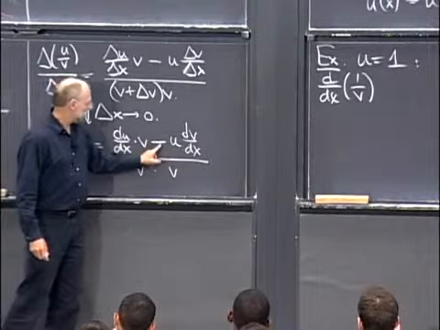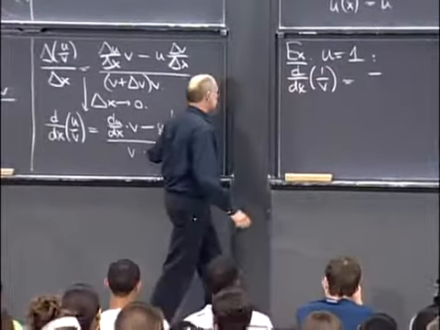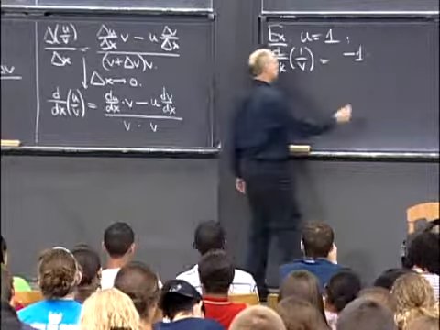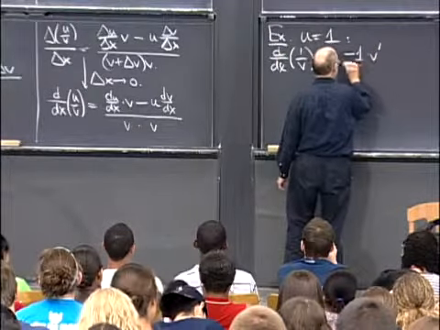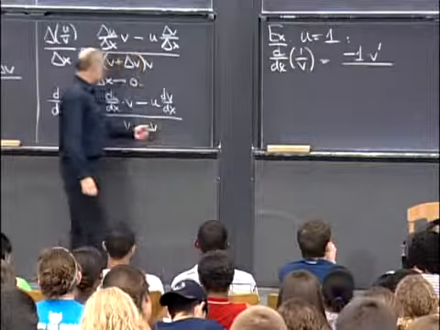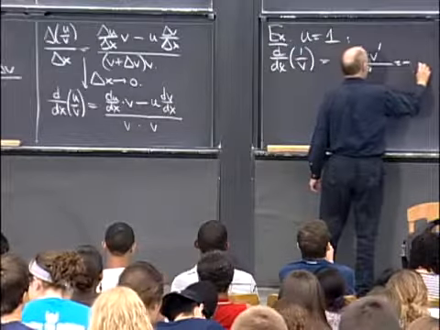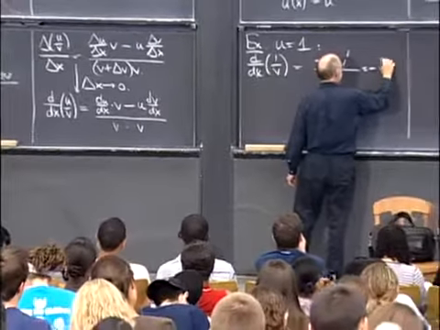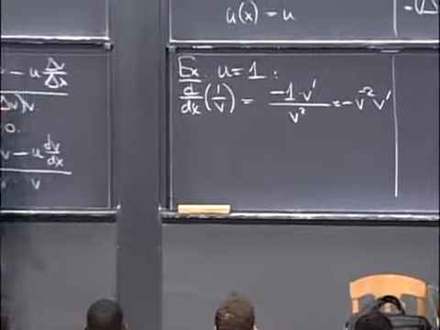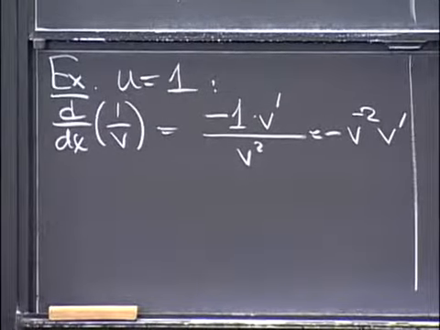I don't have to worry about this. I get a minus, and then U is 1, and dv dx, well, V is whatever V is. I'll write dv dx as V prime. And then I get a V squared in the denominator. So that's the rule. Minus, I could write it as V to the minus 2 times V prime. Minus V prime divided by V squared. That's the derivative of 1 over V.